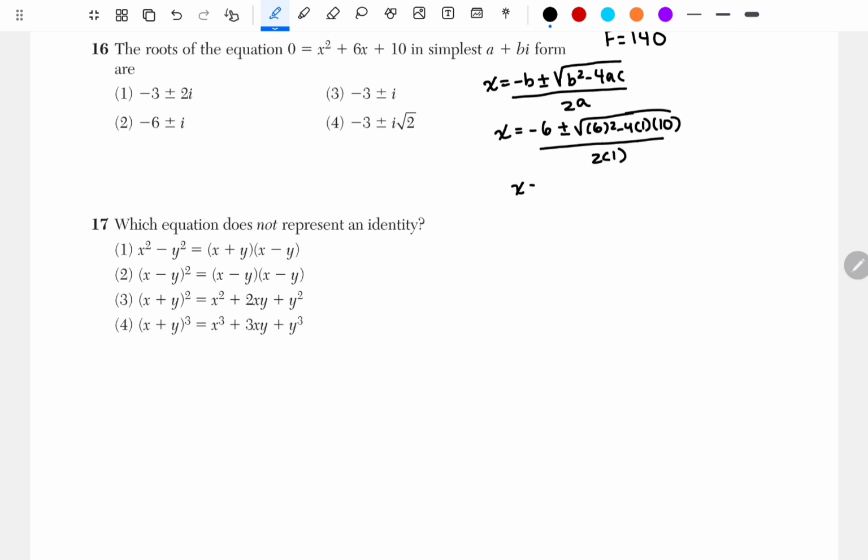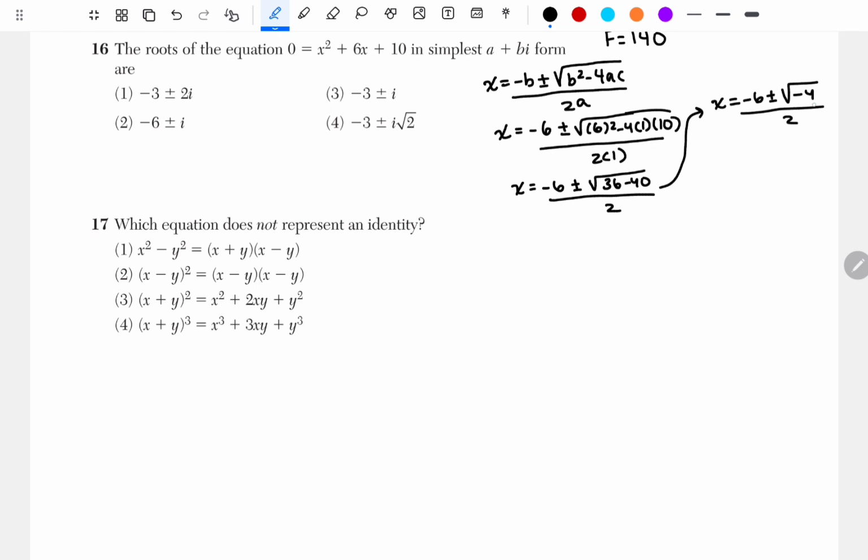So we're going to simplify. x equals negative 6 plus or minus the square root of 36 minus 40 over 2. x equals negative 6 plus or minus the square root of negative 4 over 2.